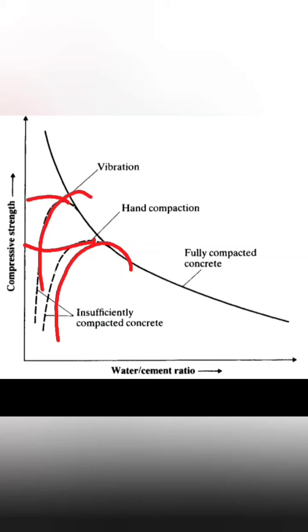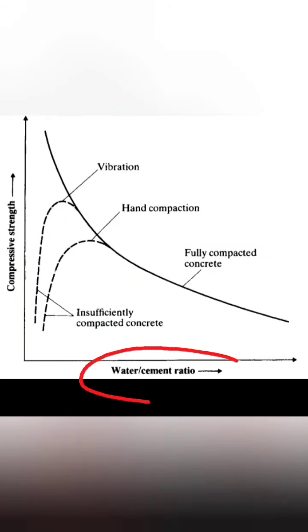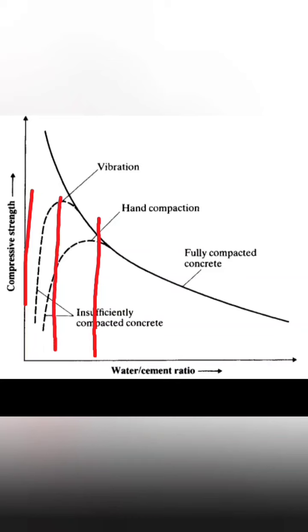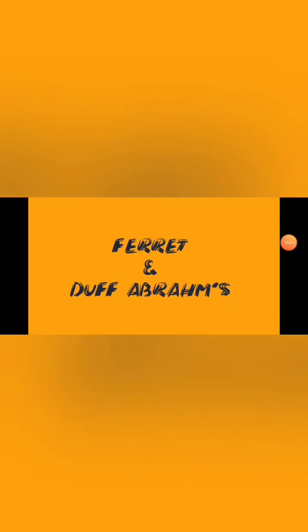So it matters that the water cement ratio is an important aspect in the achievement of compressive strength. To have more compressive strength, we should use lesser water content, but it will affect the workability, which is to be balanced by using some kind of admixtures.